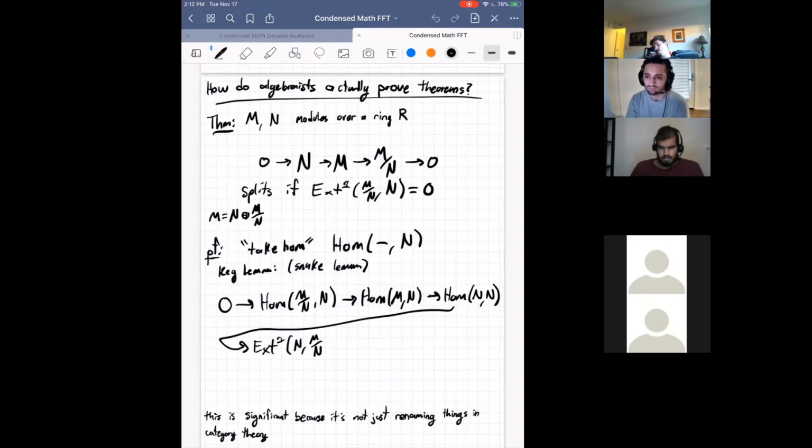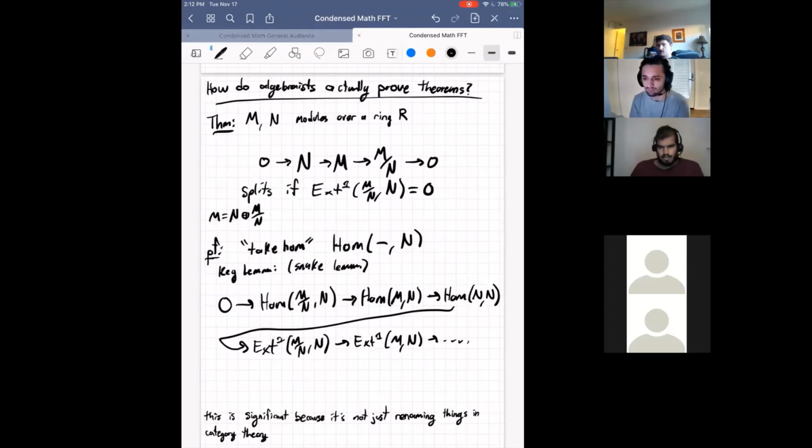This is switched. M over N, M, Ext 1, M, N. And then the sequence continues, and it continues for as long as you go. You can define Ext 2, don't worry about what Ext 2 is.